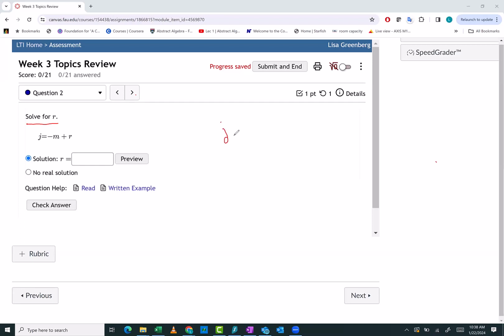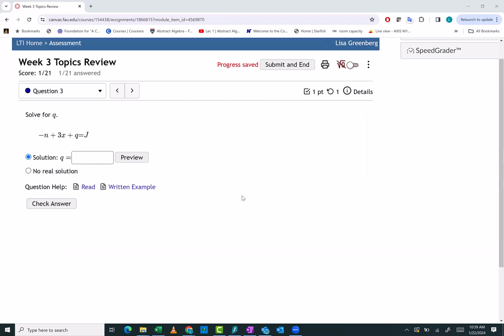If I start out with J equals negative M plus R, well, if M was 5, I would have minus 5 plus R. I would add 5 to both sides. But I don't know what M is, but I can always add M to both sides. Then I get J plus M is equal to, well, this is 0, so that's equal to R, and that's our solution, J plus M.